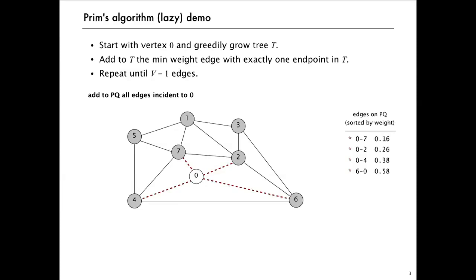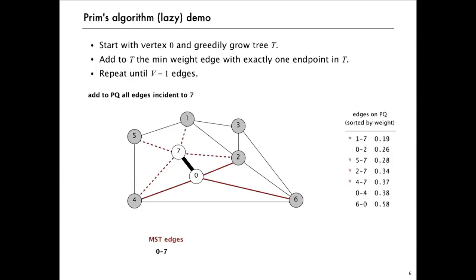Okay, so then to greedily grow the tree, we have to pick 0, 7 off the priority queue. So we'll show that one on the MST. And then the vertex that's not on the tree at that point is 7. So we're going to add 7 to the tree. And so first we add 0, 7 to be an MST edge.